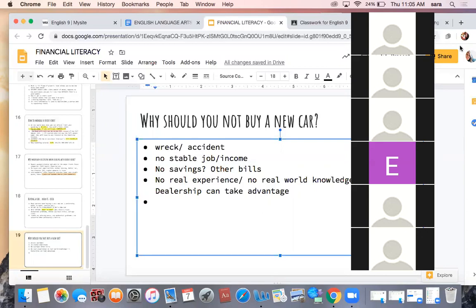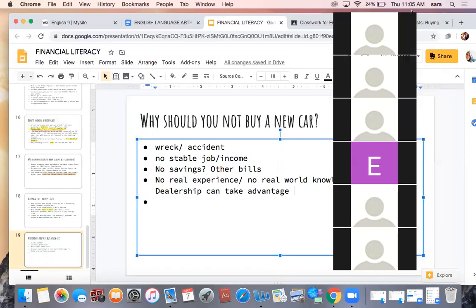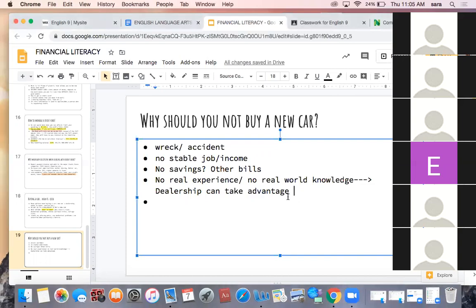They cannot legally get loans like that because the government saw that a lot of kids were going into debt without really knowing what it was to have debt. It's not illegal to get a car when you're young, but it is illegal to get a loan. They saw that a lot of credit card companies were taking advantage of young kids who were naive and didn't really know what they were doing.